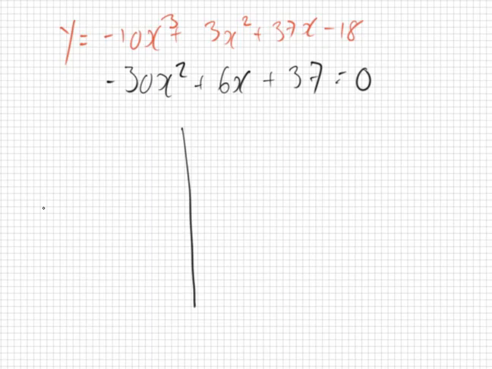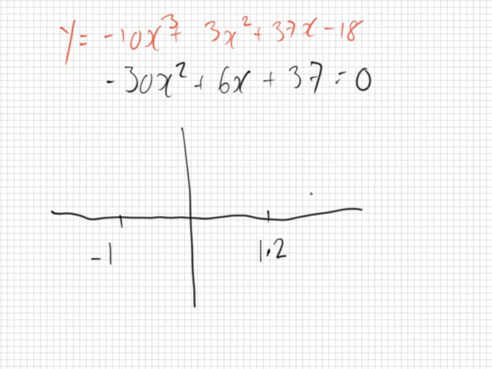So I can see that this one here has two roots. The first one is at minus 1 point something. So I'll just put in minus 1 roughly. And then the second one is at 1.2 roughly. So I'll just put in 1.2.